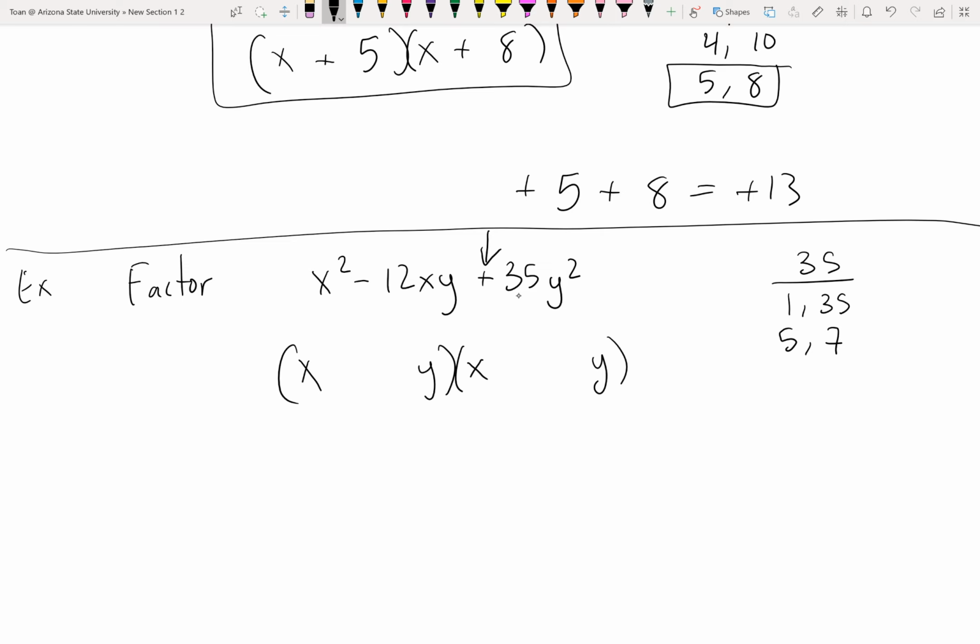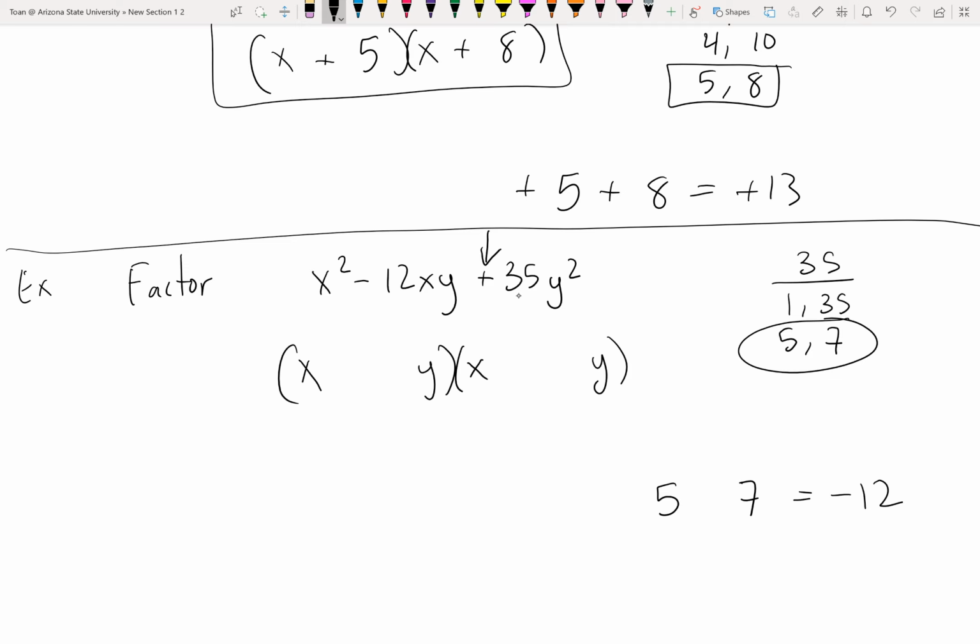Last symbol makes you think of add, which pair adds to the middle number of 12. And hopefully you guys can see it's 5 and 7. It's not always going to be the last pair, guys. The examples I'm picking are just very coincidental. It could sometimes be in the middle. So I'm going to write down 5, 7 equals, and then the middle number is a negative 12. So I want a negative 12.